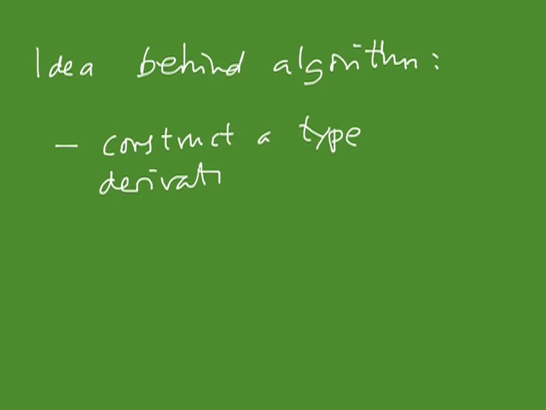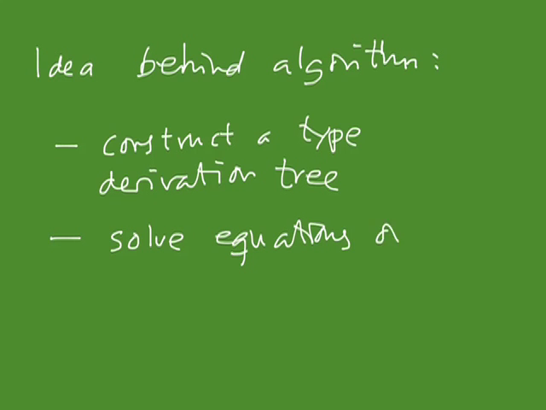It's in more or less the same fashion as I described in the previous part of the pencast, only in a completely systematic fashion in the form of an algorithm. And in finding the substitution, finding the types, we will solve equations over type expressions. And why do we need that?